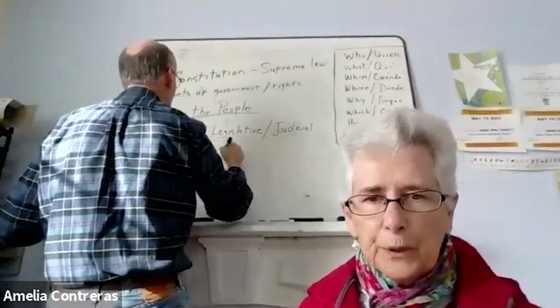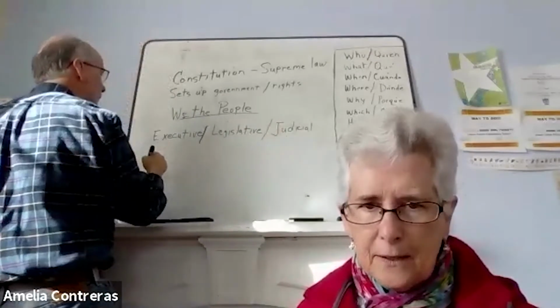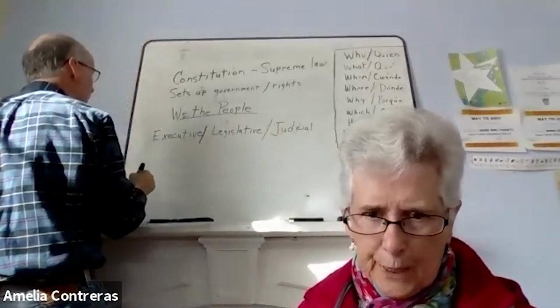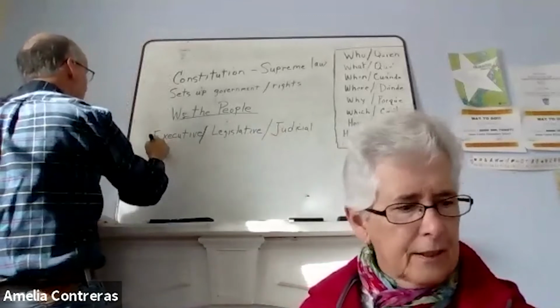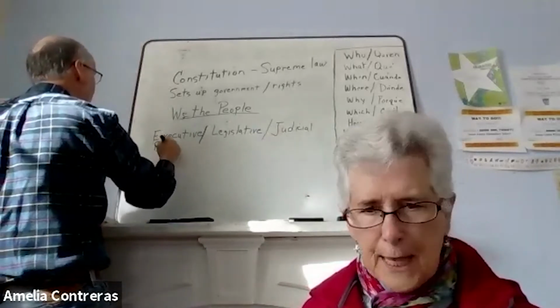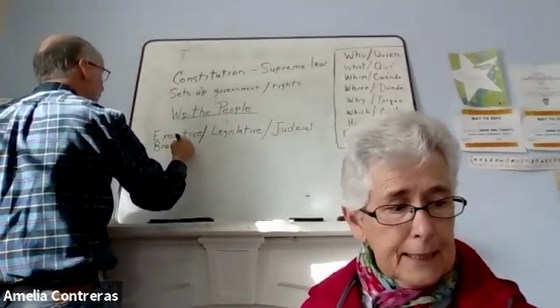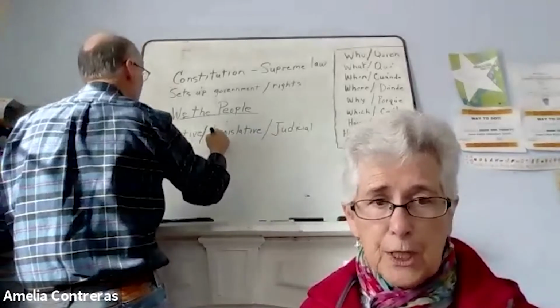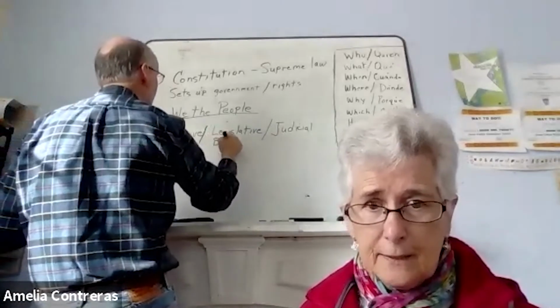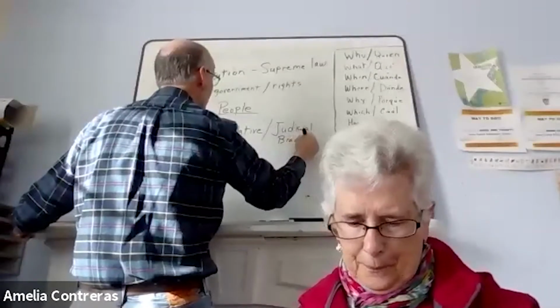The Supreme Court is part of the judicial branch. The executive branch is headed by the president. The legislative branch is the Congress. They're the ones that make the law. You only have to name one of them.